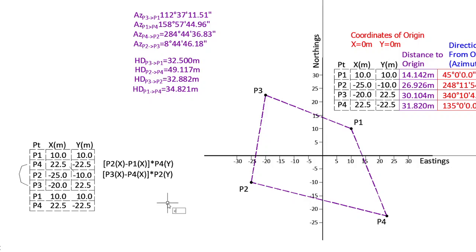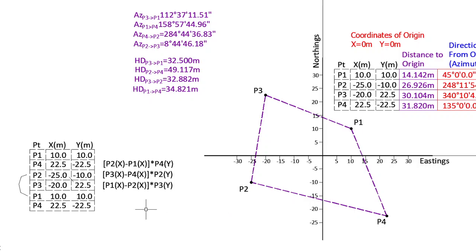We're going to do the same, operating between these numbers here as I'm indicating. Then it is the x coordinate of P1 minus the x coordinate of P2 multiplied by the y coordinate of P3.